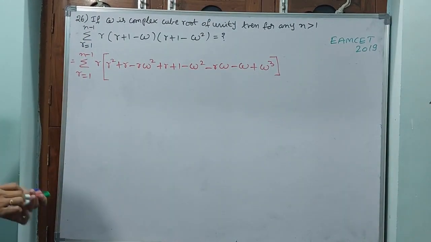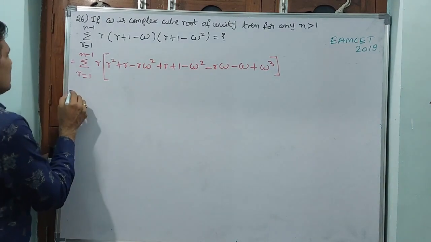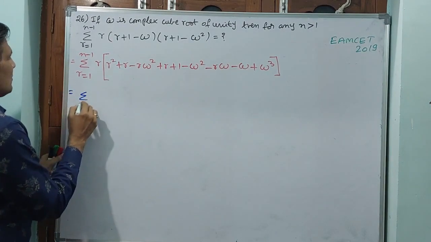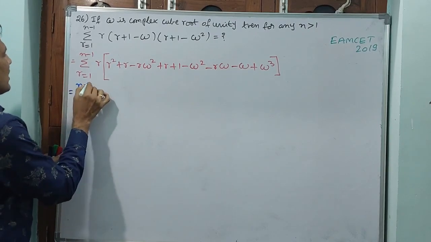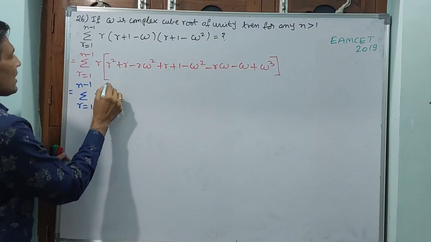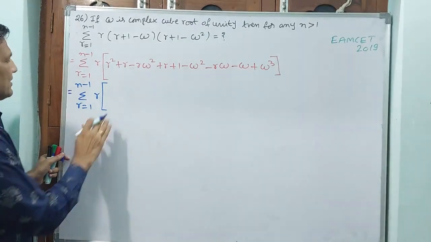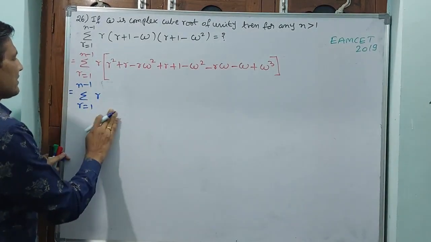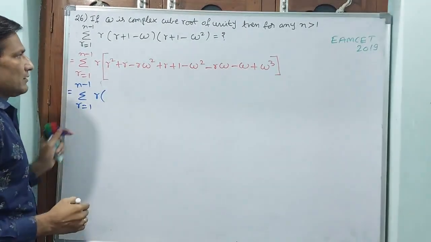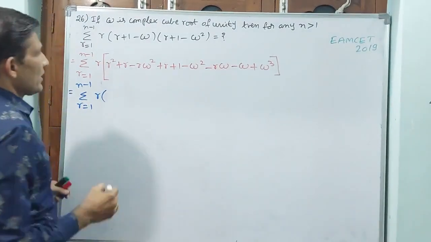Let us proceed further then. That is equal to sigma r is equal to 1 to n minus 1. Outside r is there. I think parenthesis is enough, the bracket is not required.